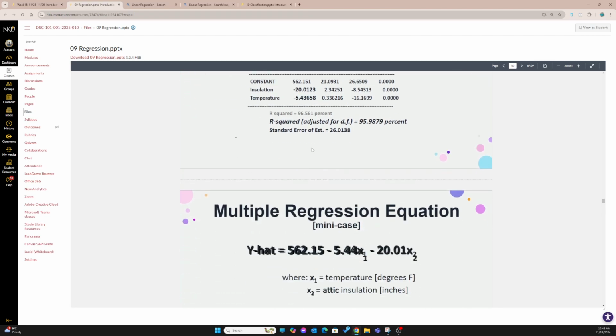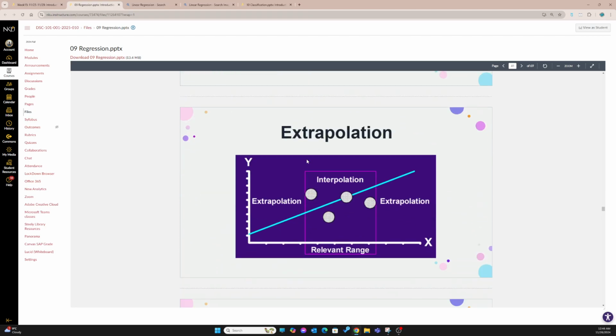All right. I'm not gonna go through these examples. One more topic to understand is extrapolation. So our line captures this. This is the relevant range, because our data is trained from x this to x this, so only this range here. We don't know what happens after this, and we don't know what happens before this.